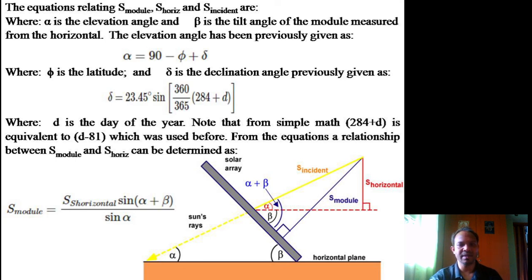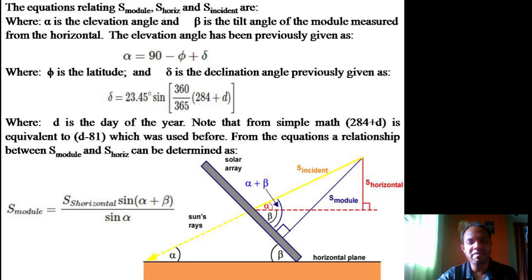As you can see here, alpha is the elevation angle and beta is the angle at which the surface is tilted. The yellow dotted line indicates alpha, and this is beta. So the total inclination is given by alpha plus beta. This is the S module, that is the module perpendicular to the tilted surface.